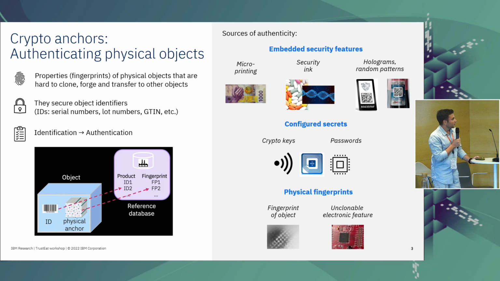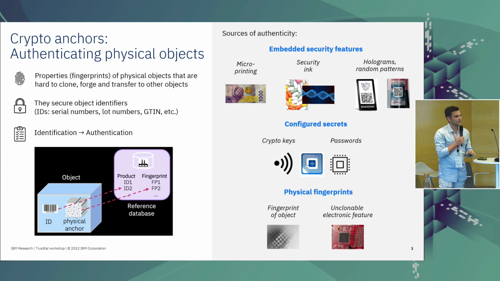But of course, we know that there are other crypto anchors that we configure, like crypto keys or passwords. These are used in order to identify the ID or the serial number that we associate to the object. But we can also have physical fingerprints. This is most common in our domain, in which we can create a fingerprint on the object itself during the fabrication.